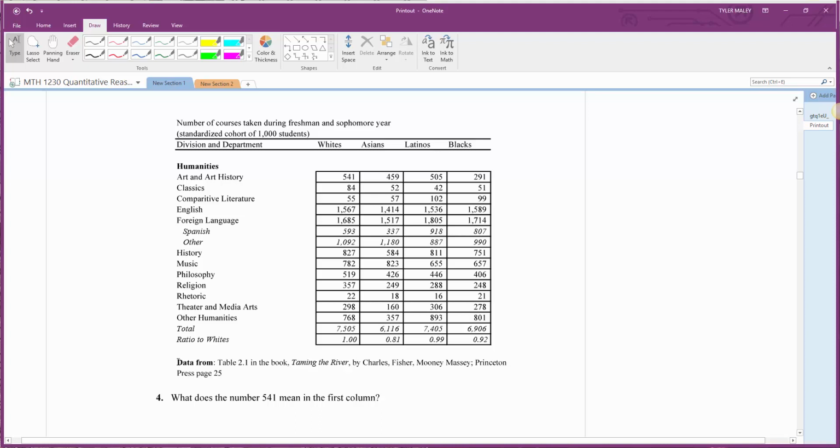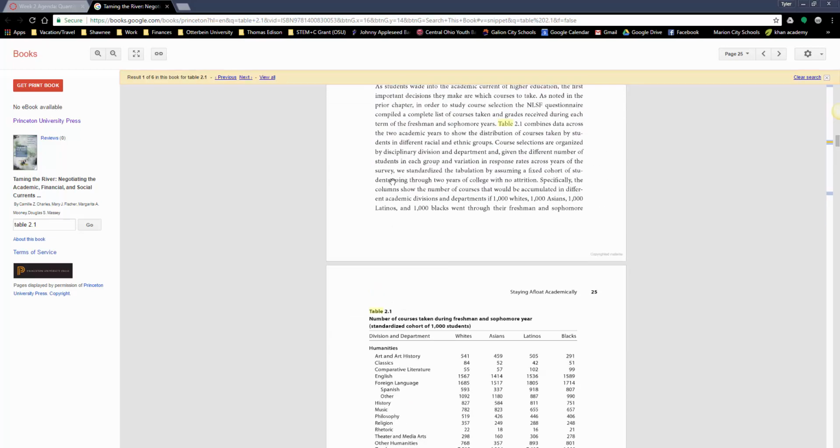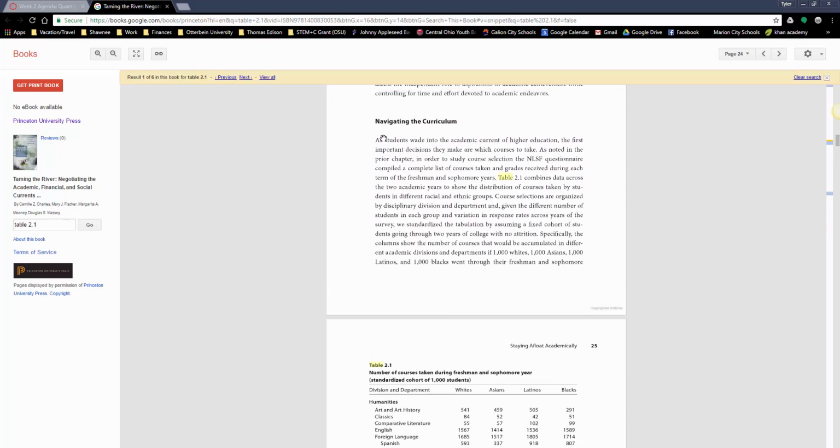And also one important thing to notice is the source of this information. On Canvas, I provided you with this link, and I would urge you to go to this and click on this top one, page 24, and read over this a little bit.